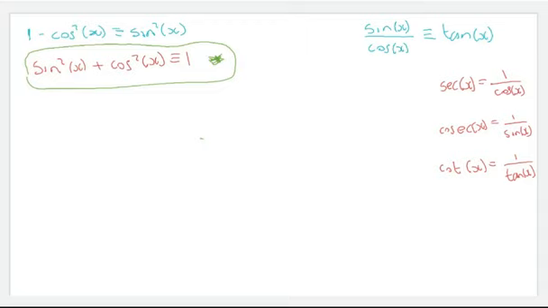What do you mean by every term? So each term, sine squared x, cos squared x, and 1, and divide them all by cos squared x. All right, sounds good.